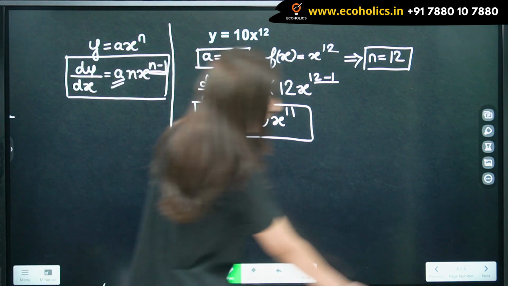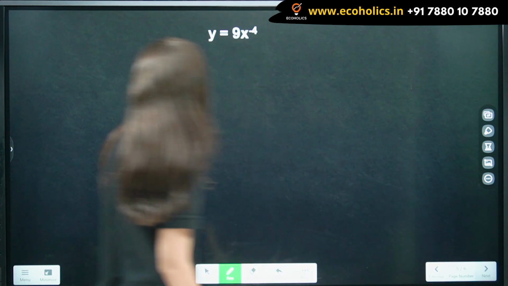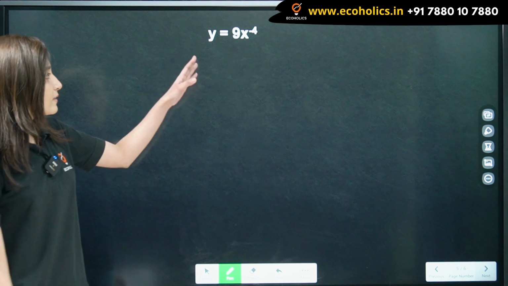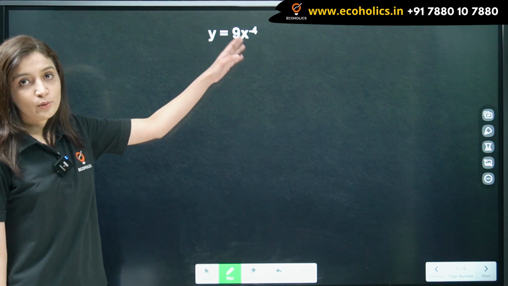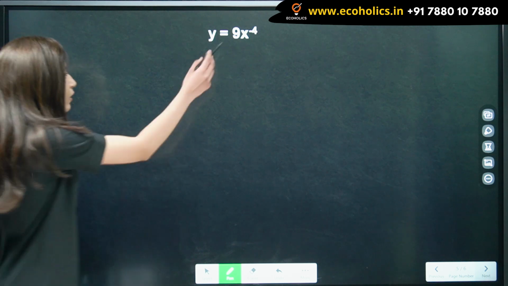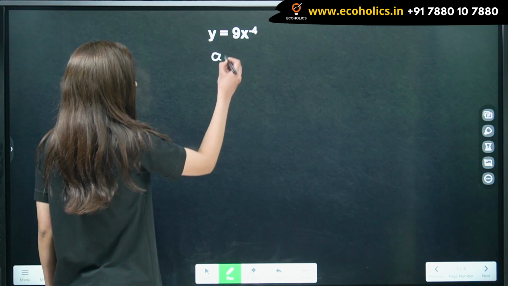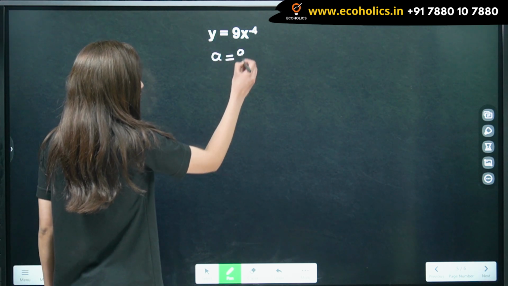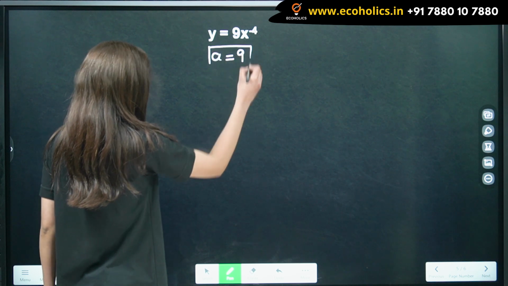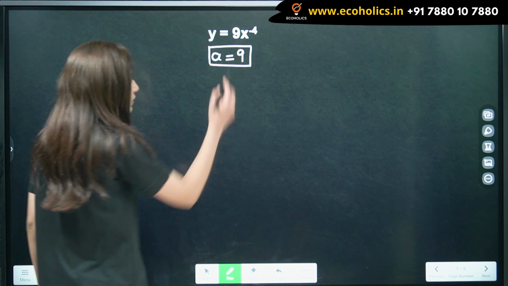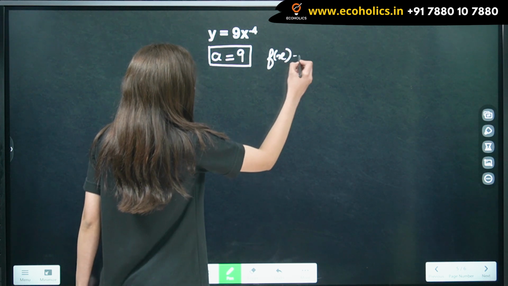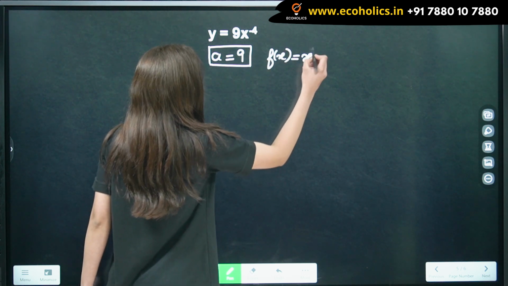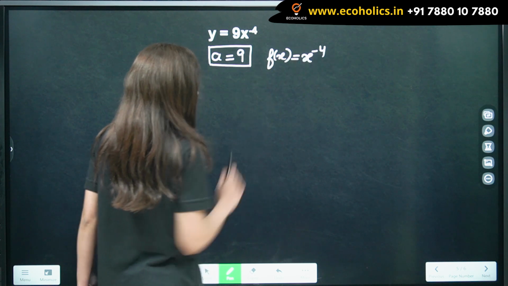Now, let's look at one more example. In this case, y is equal to 9 x raised to minus 4. What we see is that the constant term in this case is 9, and we have our function as x raised to minus 4.